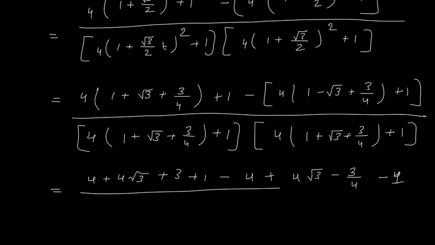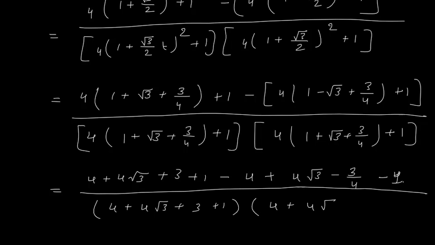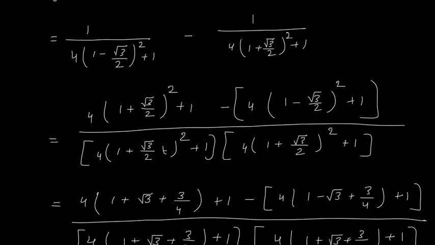Whole divided by. Now in the denominator we open this bracket. In one bracket it is 4 plus 4 root 3 plus 3 plus 1, in the other bracket we have 4 plus, here at one place it is plus and at the other place it is minus.